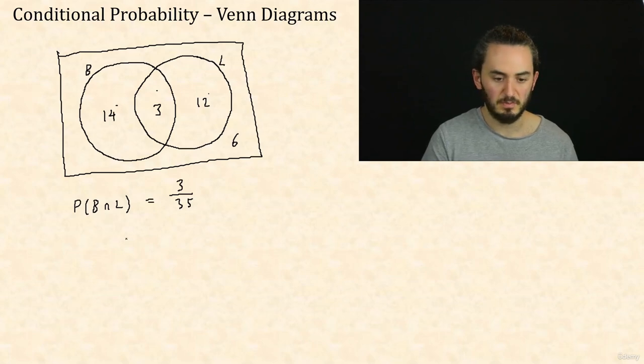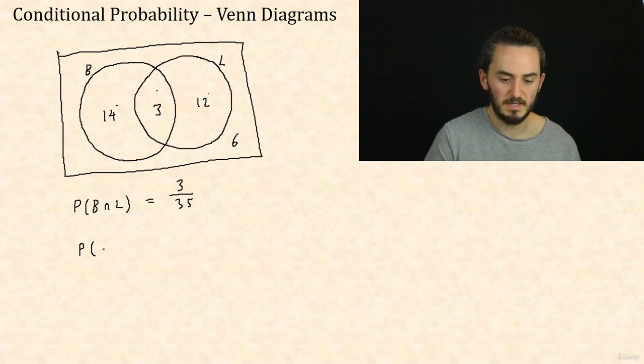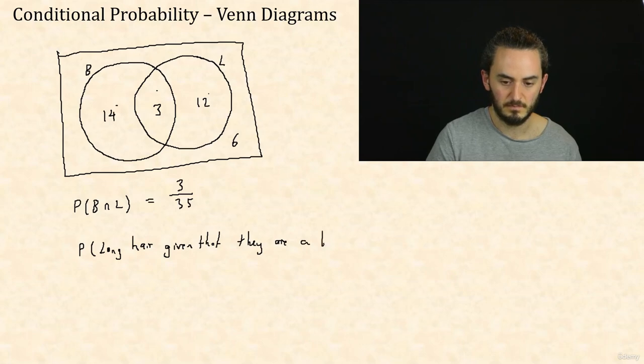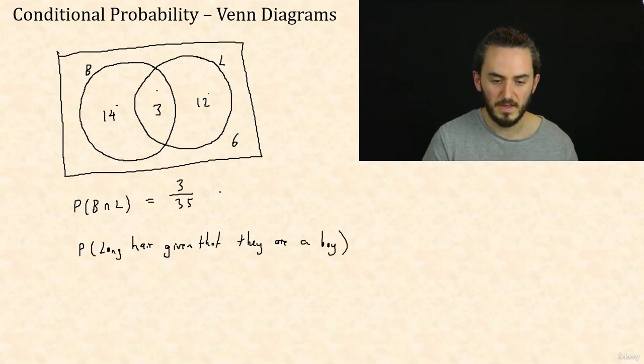Now, here's the conditional probability bit. What if we said, what is the probability that a child has long hair given that they are a boy? So what's going on there? Well, given that they're a boy, we're only looking at the children in this boy bubble here.